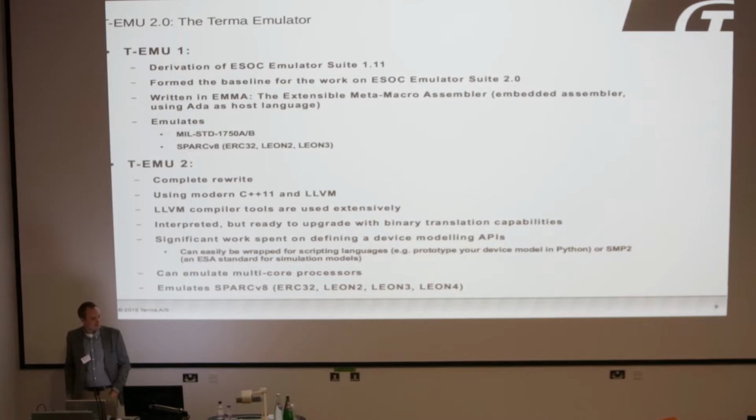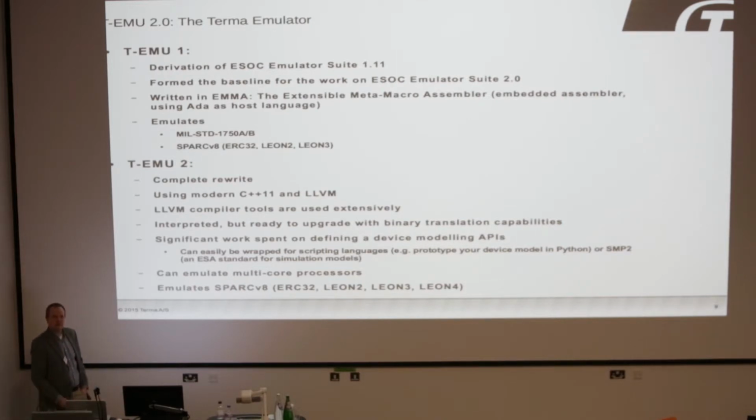This emulates some US military standard processors that have been used in, for example, the Rosetta mission lately, and the Sparc V8 architecture. Now T-EMU 2, however, is a complete rewrite, and it's written in C++11 and LLVM assembler.